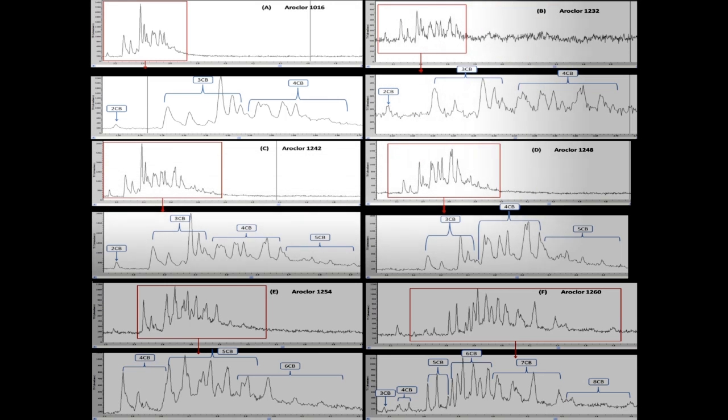As you go up in terms of the Aroclor 1232, 42, 48, 54, and 60, you can see the Aroclor 1260 has the largest number of multiply chlorinated biphenyls, so these 7 chlorinated or 8 chlorinated. So basically we can use this to determine the difference between the Aroclors that may be present in a soil sample.